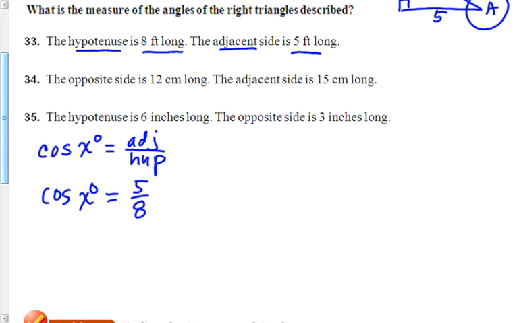If you wanted to change that to a decimal, you could. Now I'm going to use my inverse function to find the angle, and that's the cosine inverse. So the cosine inverse of this ratio, 5/8, is equal to x degrees.